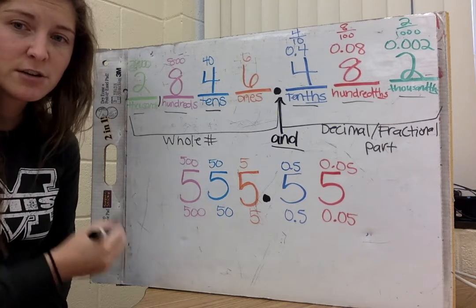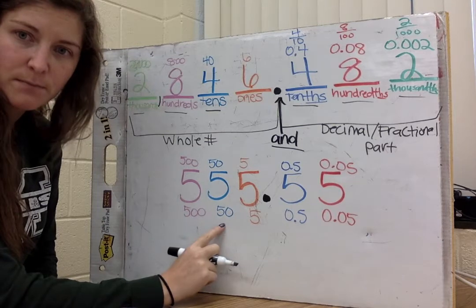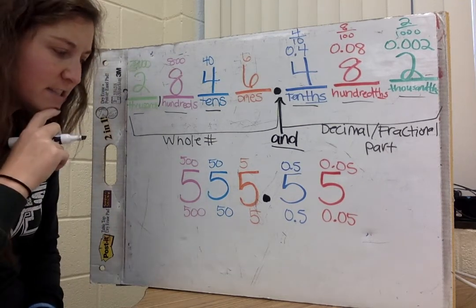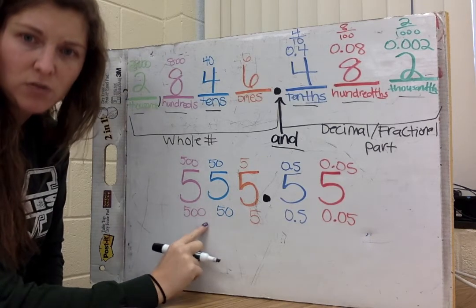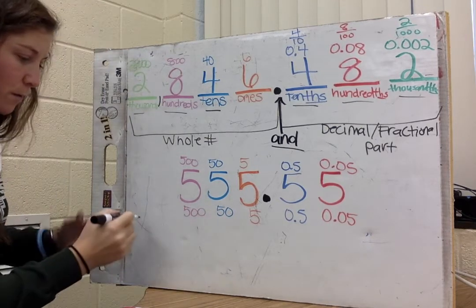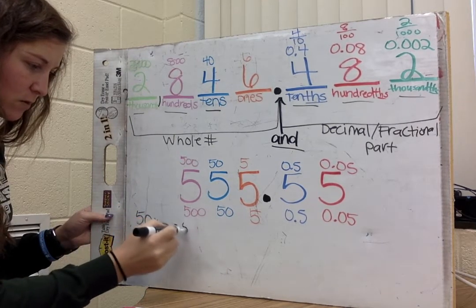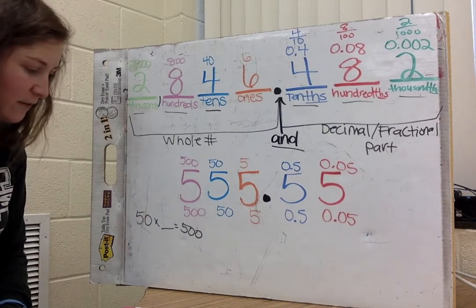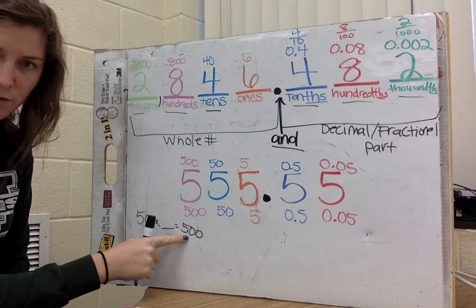But what we have to understand is how much bigger is 500 than 50? So I have to think to myself, okay, is there something that I could multiply or divide 50 by in order to get to 500? So for example, this number sentence, 50 times blank equals 500. Well, I notice that I have 50, and the first part of the number starts with a 50 as well.